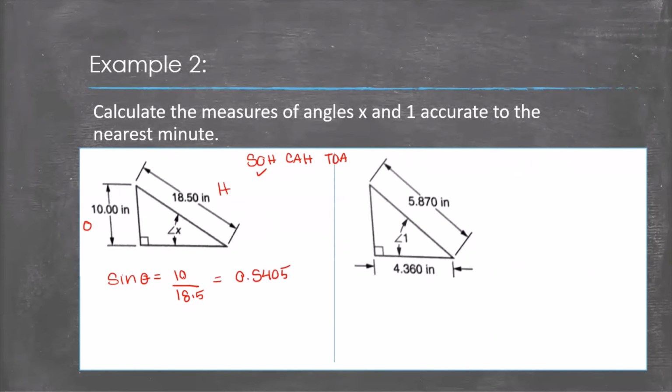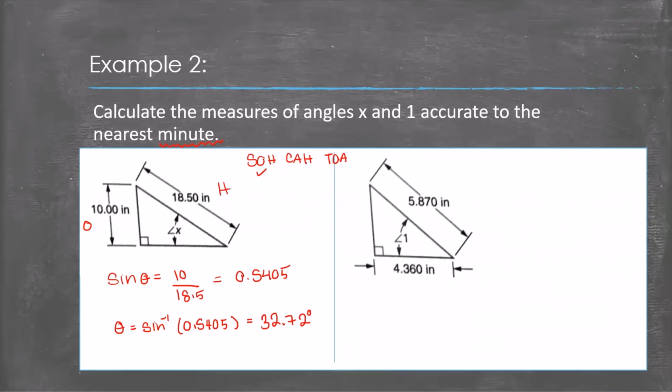All right, now that we have that, we do our shift sine. So the angle is equal to the inverse sine of 0.5405, which is equal to 32.72 degrees. Now, before you touch anything, now that you have that 32.72 on your calculator, it asks us for the nearest minute. This decimal is degrees.